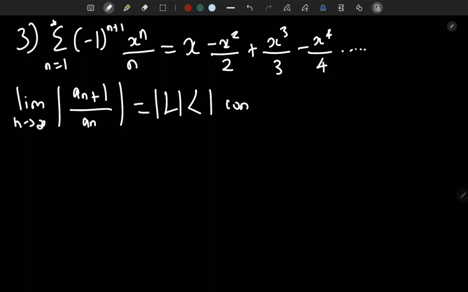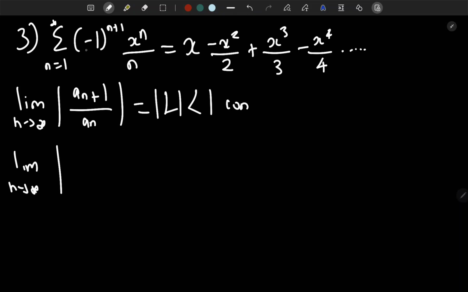So let's now start putting in the values. It's going to be the limit as n approaches infinity of the absolute value. Now one thing that we notice here is, as we recall, this could be a plus sign or negative sign, right? So all this part does is alternate the sign, but here we have absolute value, so even if it's negative, it's going to be turned into positive.